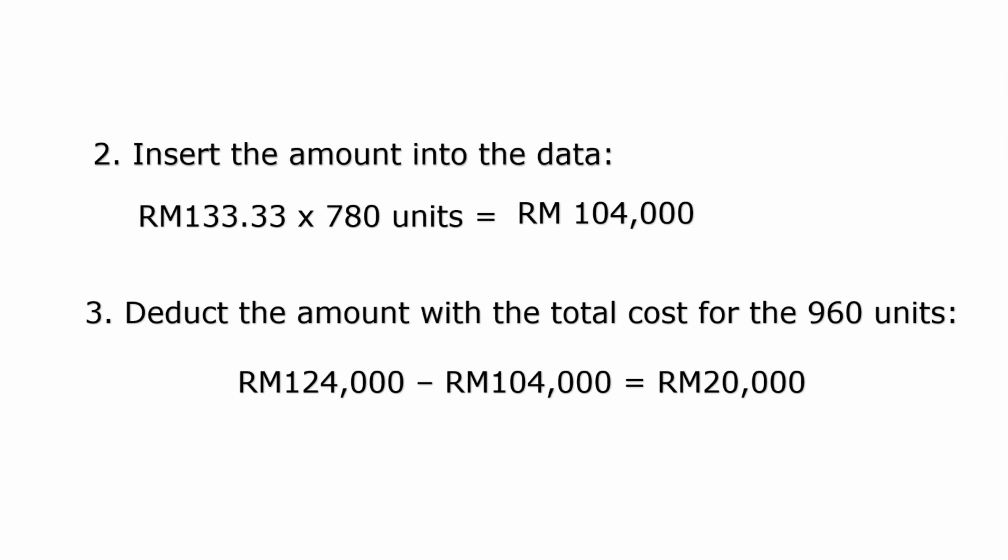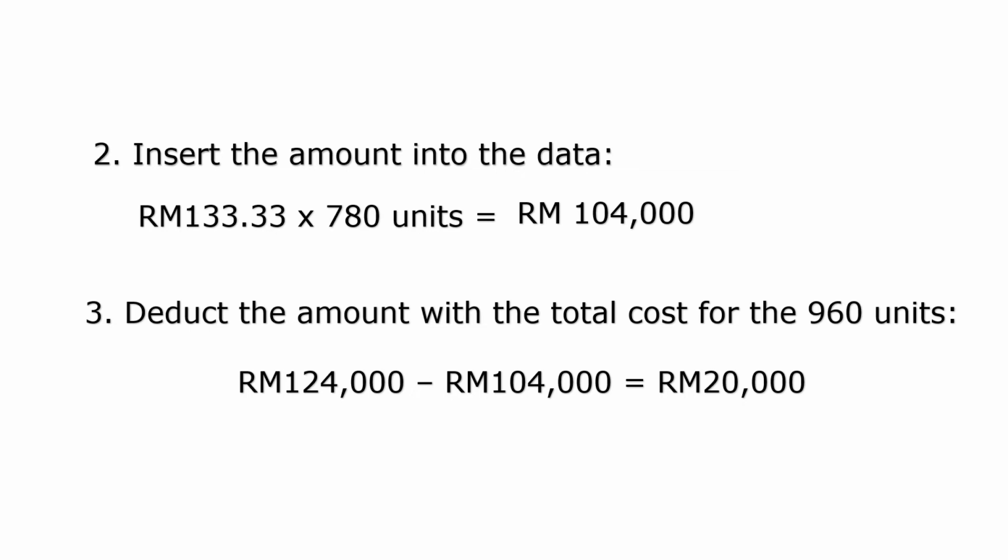Now I am applying the variable cost per unit, which is 133 ringgit and 33 cents, with the lowest output in the question. In the question, we are still using the same illustration.